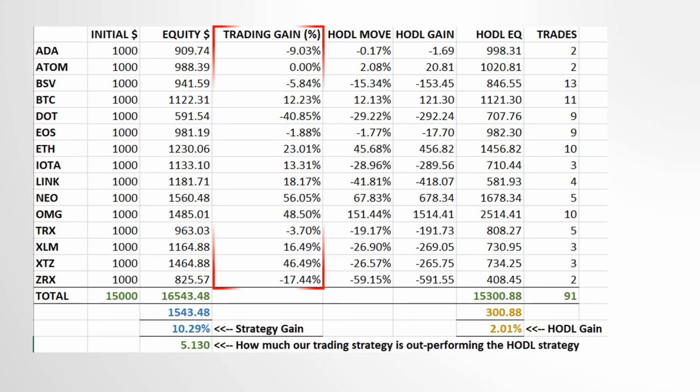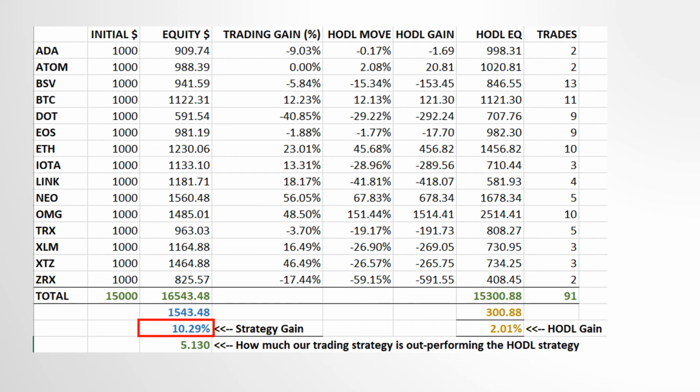And based on the trading signals we've gotten, had we traded it, we would have gained somewhere around these percentages. So that means that at the end of the period, as of now, we would have about 16,543. And that is an increase of 1,543. That's about 10%, 10.3%.